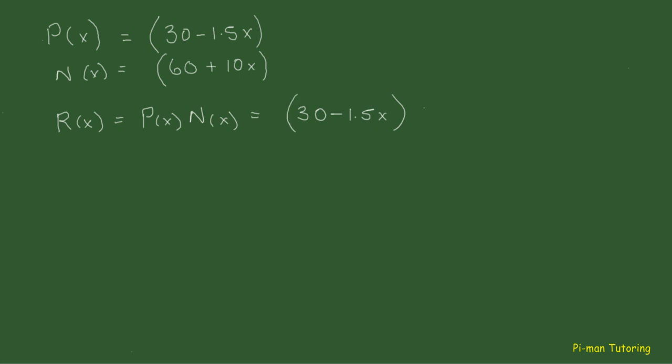Multiply those two expressions together, and we can see that an x squared term is going to appear when we expand this formula. So let's do that expansion. We've got 30 times 60 is 1800.